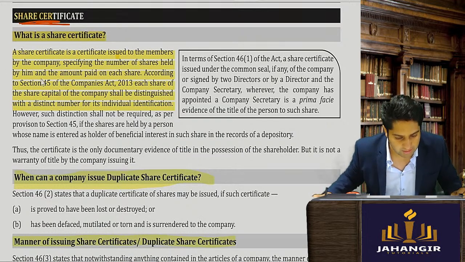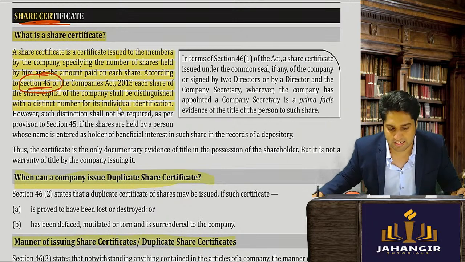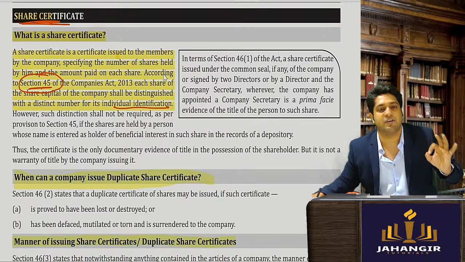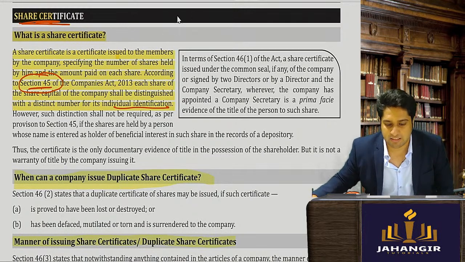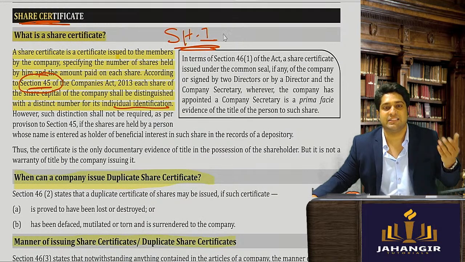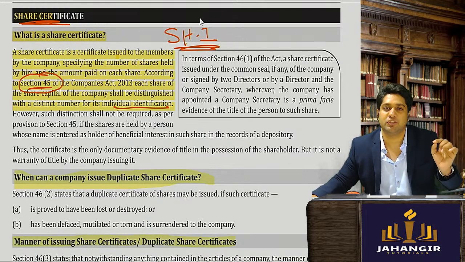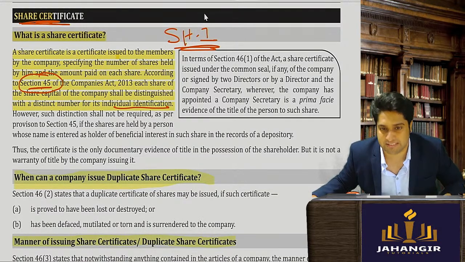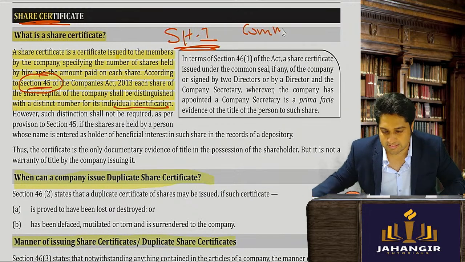It is issued under section 45 and it says that a share certificate shall have a distinctive number. Share certificates are issued under SH1 and are normally issued under the company's common seal. Okay, common seal is attached.